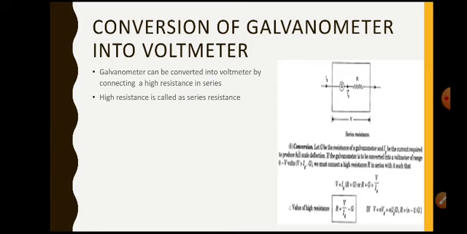So in these two processes we can convert the galvanometer into an ammeter and a voltmeter. An ammeter is an instrument used to measure high currents, and a voltmeter is a device used to measure voltage or potential differences. A galvanometer is a sensitive device which is used to measure very small currents, right?